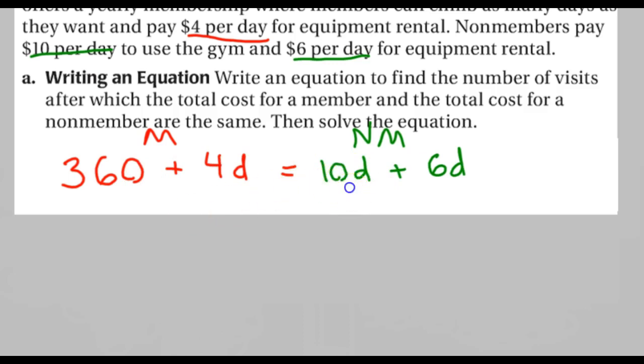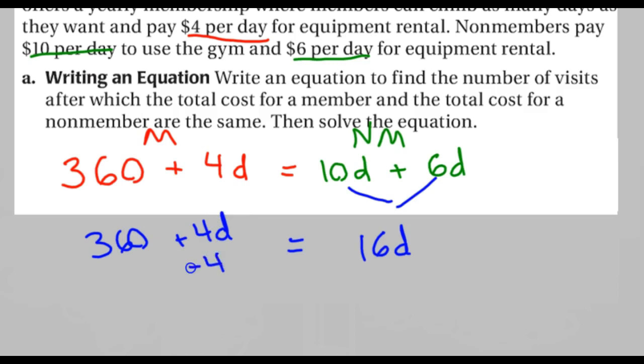So what we've got to do is combine our like terms, because that's the first thing we see to do. And we get 16d, or 10 plus 6 for 16 days. Here we have 360 plus 4 days. We've got to subtract the 4 days to get our variables on one side.